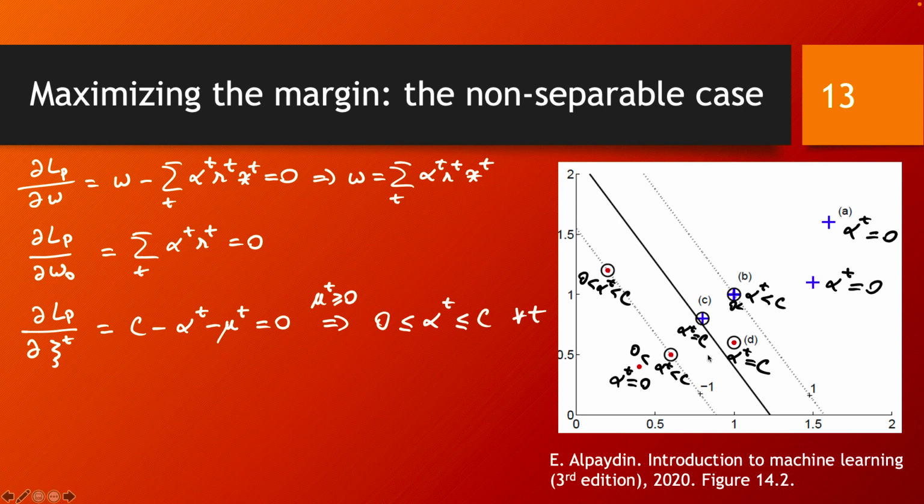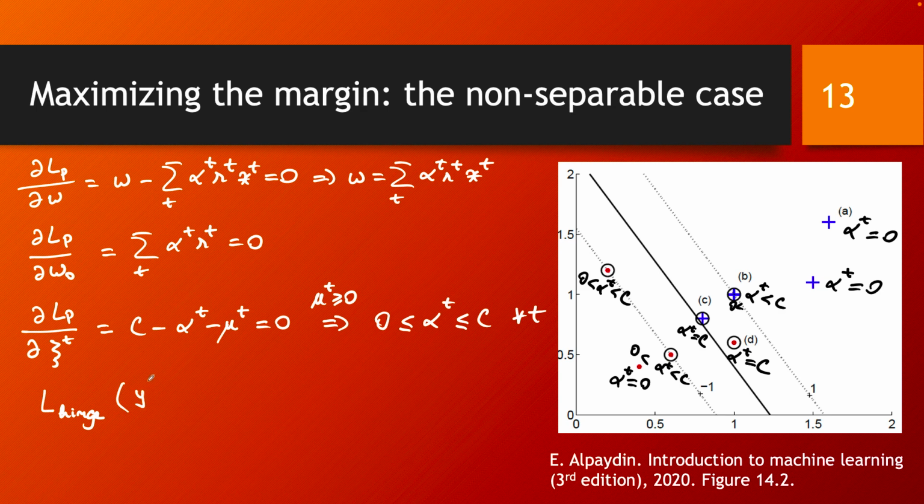So the error of the model is going to be measured in the following way. I'm just writing this: it's the so-called hinge error or hinge loss of the model.